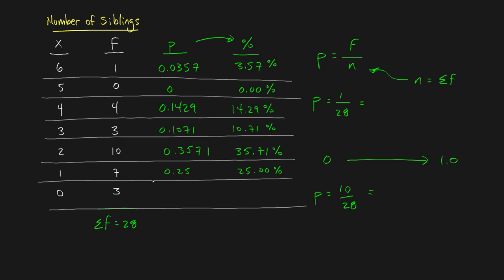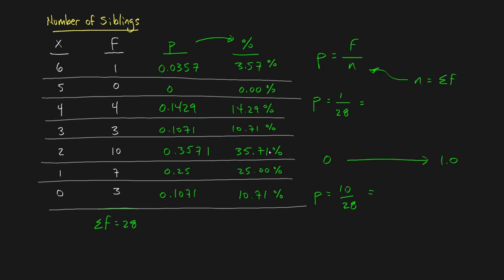And then finally 3, we already did the math on that up above when we had a frequency of 3 here. We've got it again here, and so this is 10.71%.